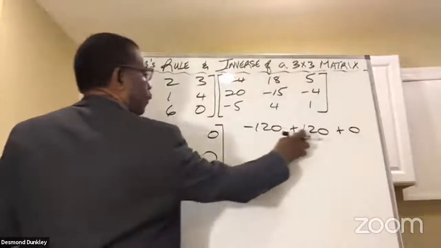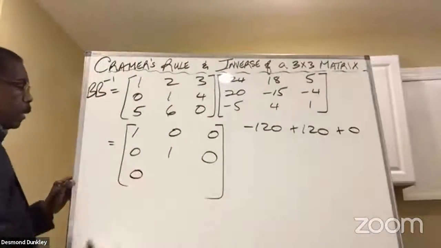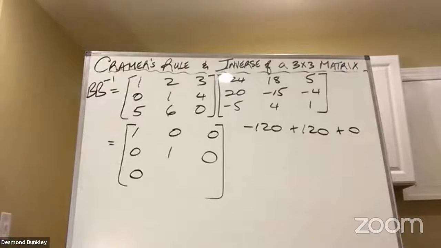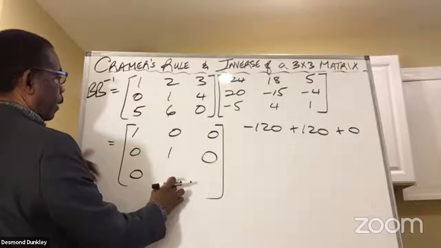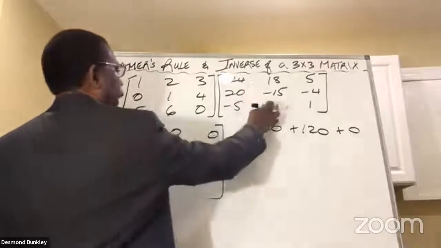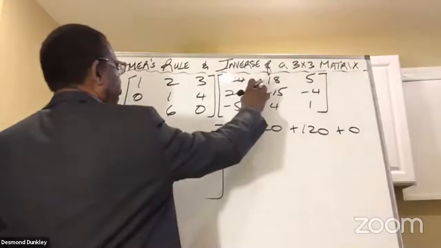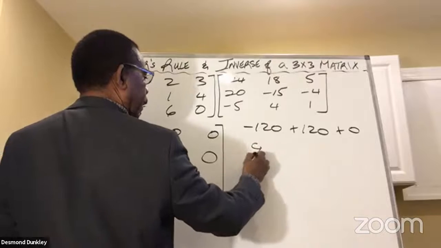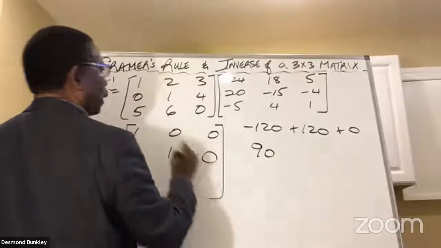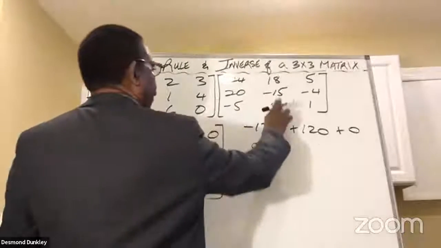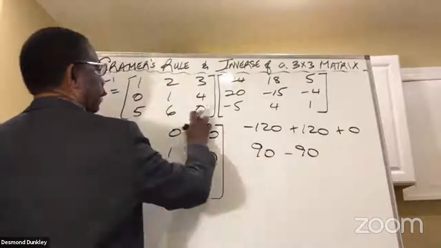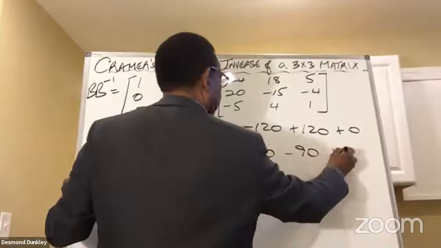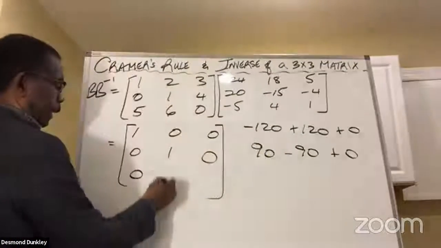So we know that these two cancel, gives us 0. Now we go to the third row, second column. 5 times 18 is 90. 6 times negative 15 is negative 90. 0 times 4 is 0. That gives me 0.